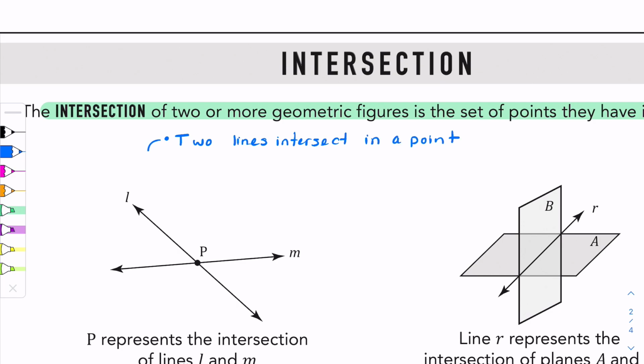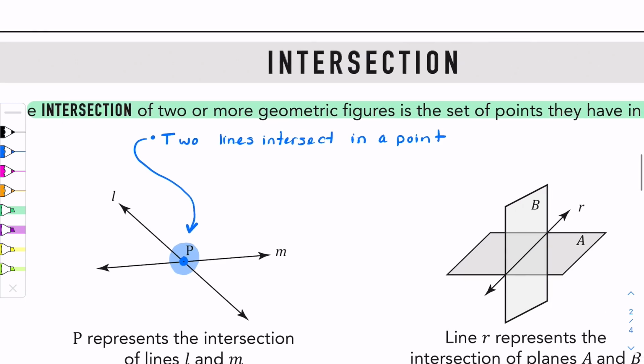For example, we have line L and line M. They intersect at point P. The next note says that lines can intersect planes and planes can intersect each other.